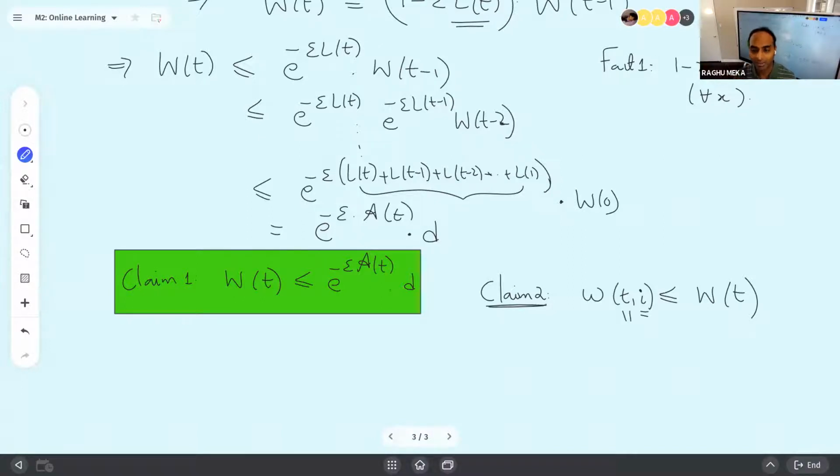Right, every mistake they make costs them 1 minus epsilon in the weight.